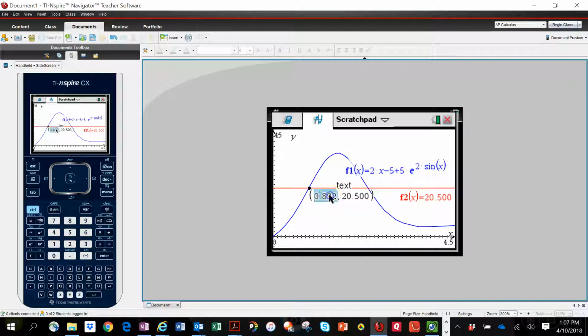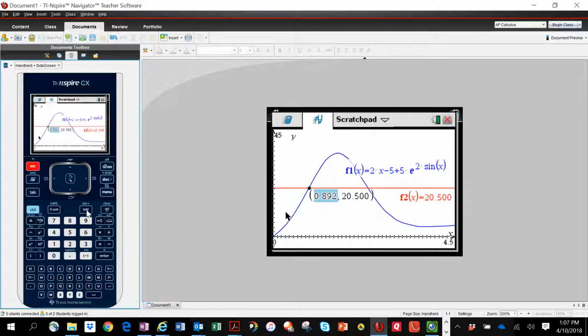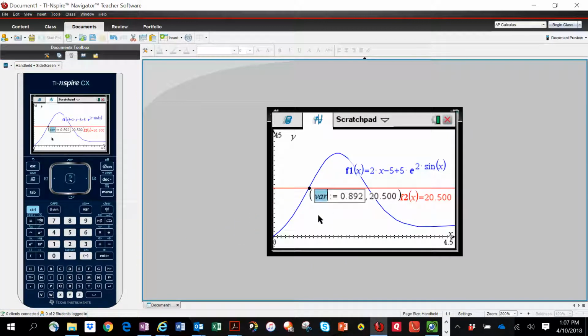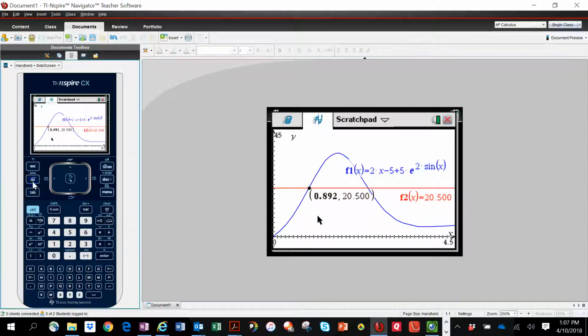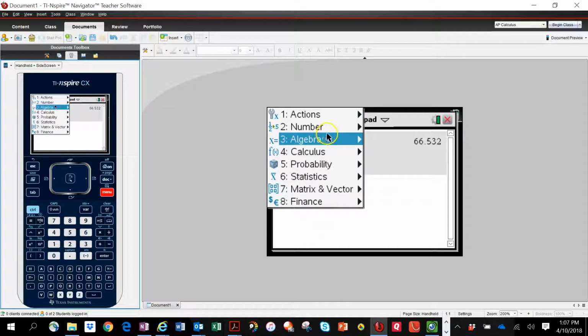This 0.892, that value of k, I'm going to store that. We're going to need that for sure. So I've highlighted it, menu, var. Okay, I've highlighted var, store var, and let's call it k. I'm going to go over here and we are going to do an integral.